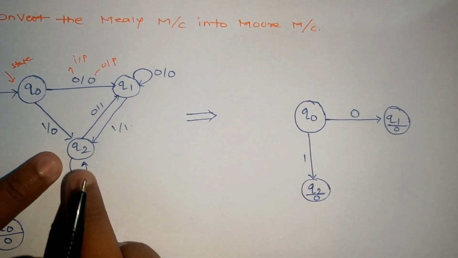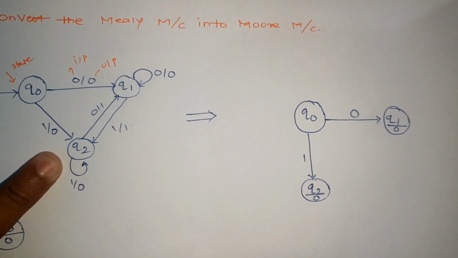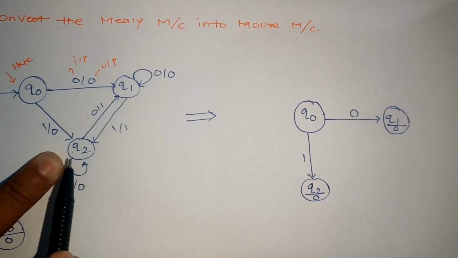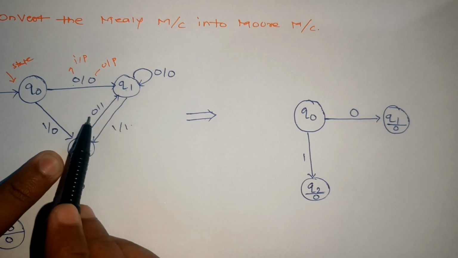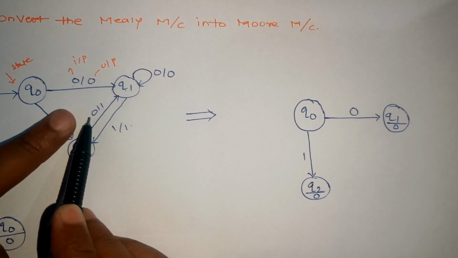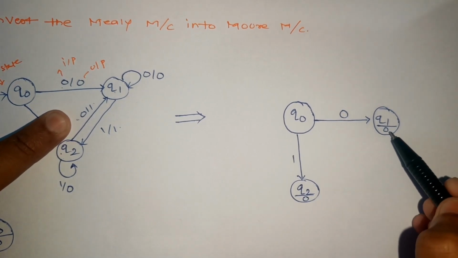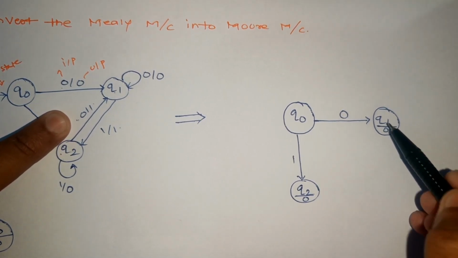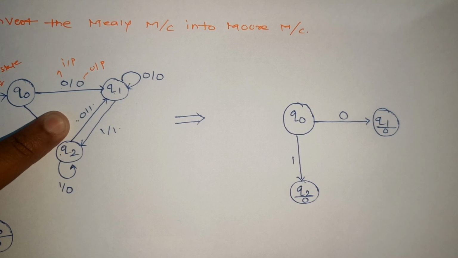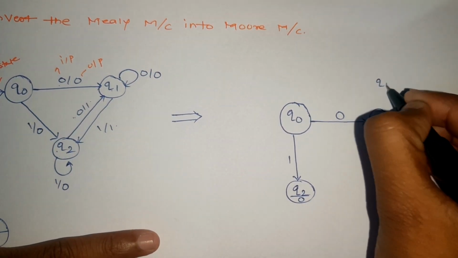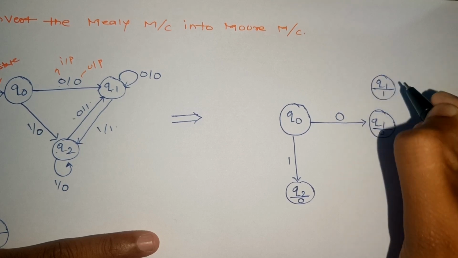Second, when we start with Q2, we'll see Q2's next state is Q1 when the input is 0, but here its output could be Q1, but we don't have Q1 with output 1 क्योंकि हमारे पास जो Q1 state है उसका output 0 है. So in that case we have to fetch a new state called Q1 whose output is 1.